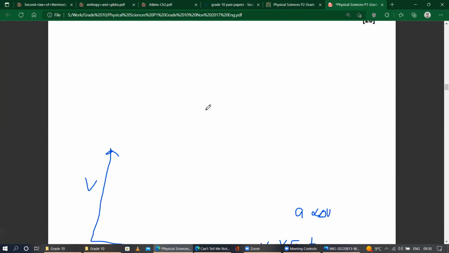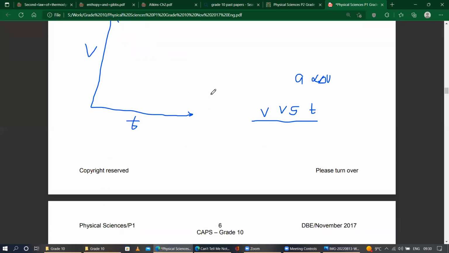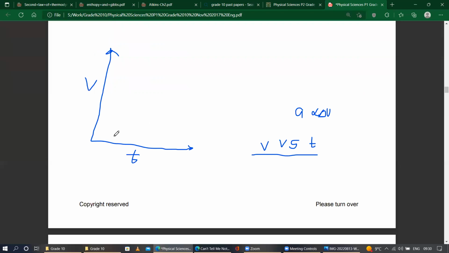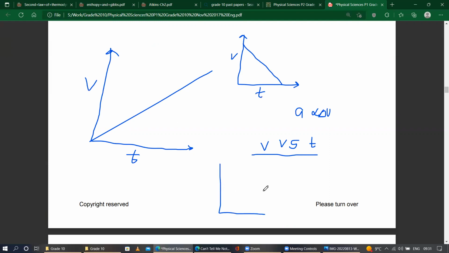I'm just going to give you three graphs, then you tell me which one is right. It can either be like that, like this, velocity versus time, or like this.